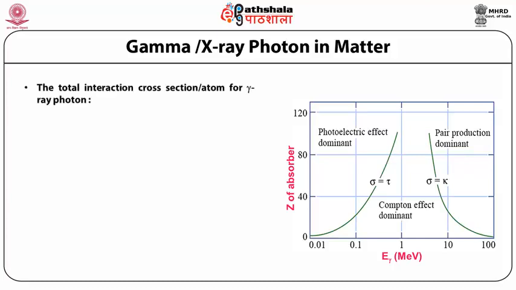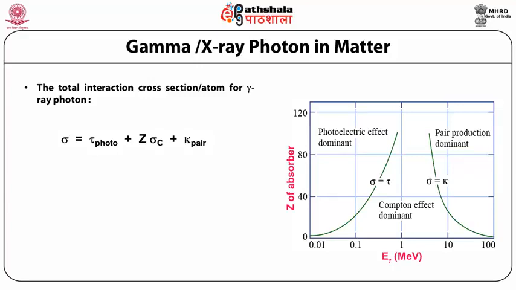The total cross section per atom for gamma ray photon can be represented as sigma is equal to tau photon plus Z into sigma c plus k pair. So it means the total interaction cross section of gamma ray photons with matter is the combination of the interaction of photons via three different processes.